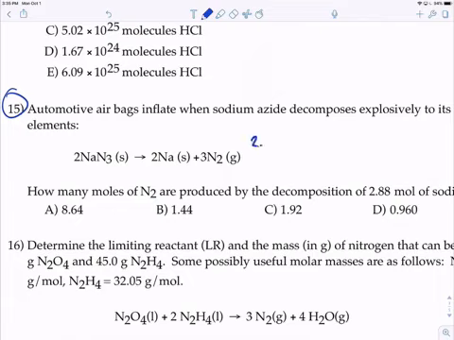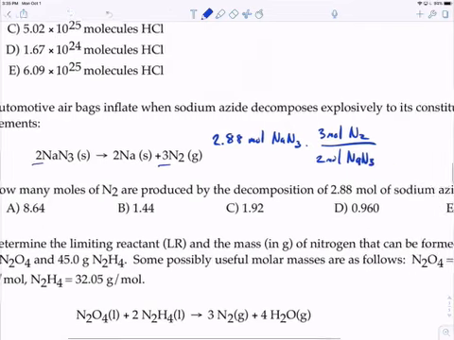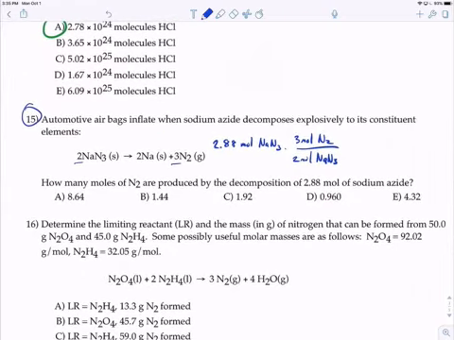So 2.88 moles NaN3 times 3 moles nitrogen to 2 moles NaN3. And I'm getting that from the equation there. And that's going to be 4.32. Yep. Like so.